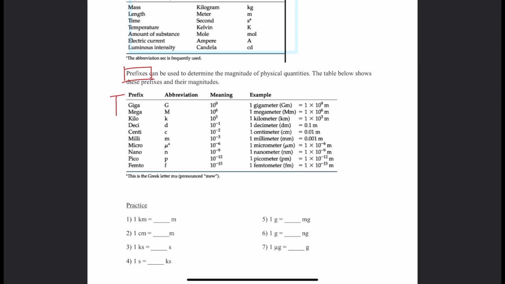I recommend you guys memorize this, and the way I memorize this is like drawing a line right here, because this is my baseline. Anything above it goes big, anything below it is small.